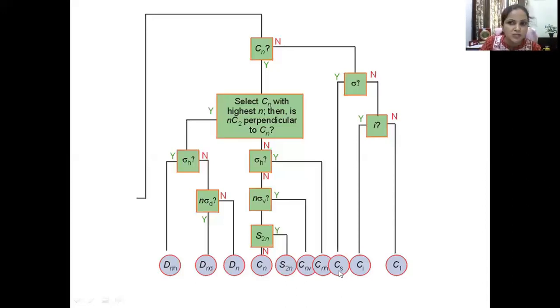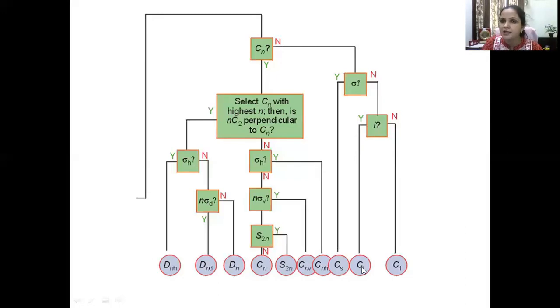If the molecule is not possessing any rotation axis but possessing only the mirror plane, then the point group is Cs. And if there is no mirror plane but the molecule is possessing the center of inversion, then the point group is Ci.